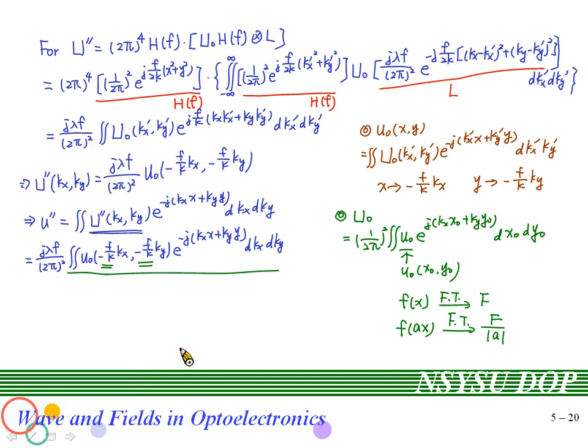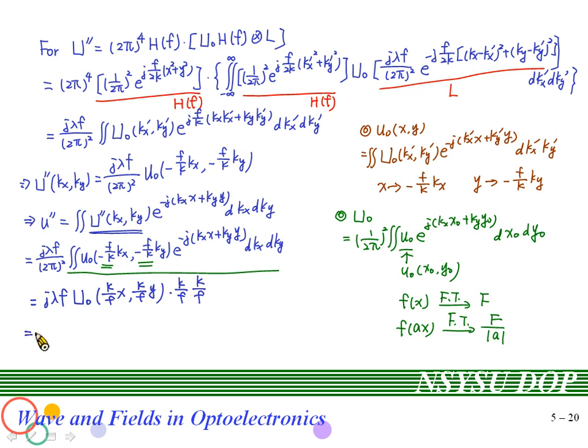So we can say the above result can be written as J lambda F times capital U0 of K over F times X and K over F times Y, divided by the parameter here, which is K over F and K over F. Okay? And finally, let's rearrange this result.